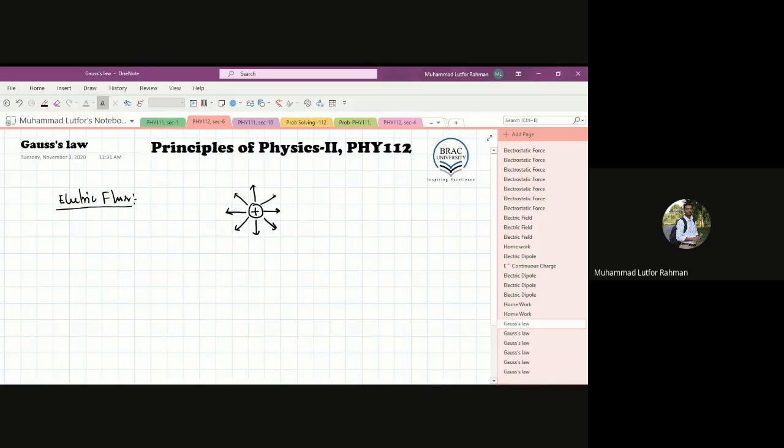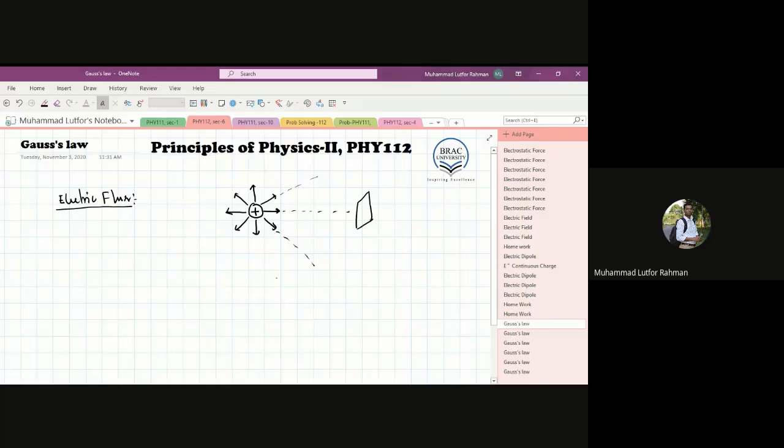So if you consider a surface over there, then not all of this electric field is going to penetrate that surface, right? Or that region.